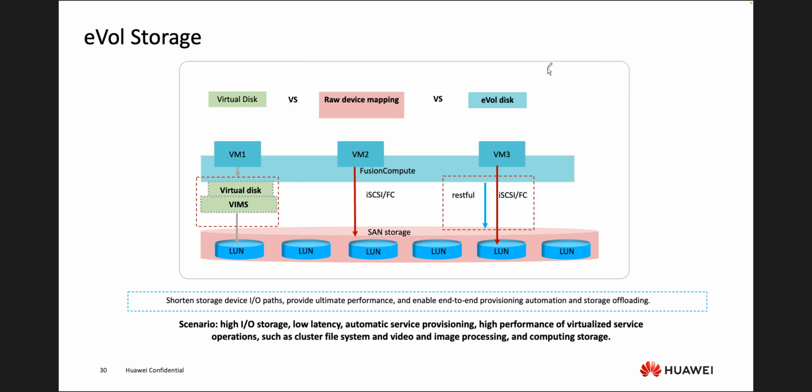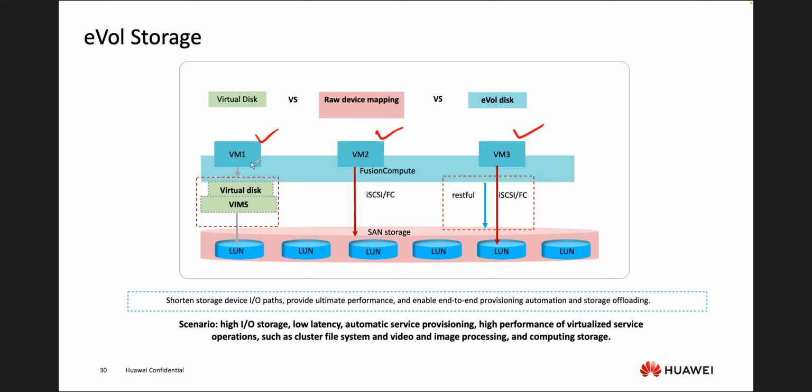Okay, so when we look at eVolume storage again, eVolume storage is where you have, now, a virtual disk, as you can see here, versus raw device mapping, which remember is taken from your disk, and you have the eVolume disk. So again, here you have three scenarios: VM1, VM2, and VM3.